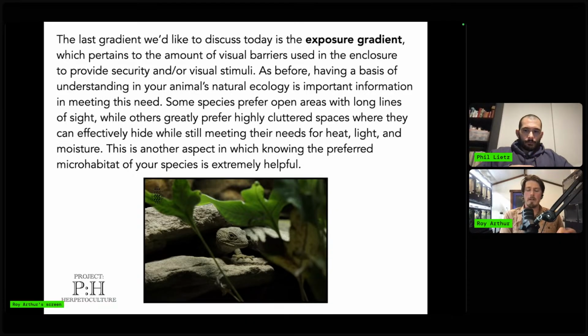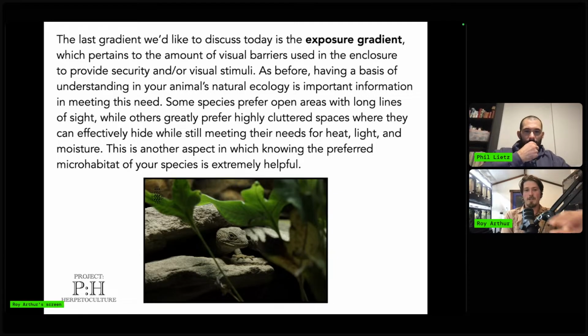So, again, I've got the Xenosaurus photographed here, and this is a species that is super shy, and you would rarely see them out in the open, especially if they're in a high traffic area of your house or your reptile room, if you didn't provide some kind of visual clutter in their environment to help them feel a bit more secure. And I love this photograph in particular because it illustrates that this lizard is actually pretty exposed for what this species prefers, which is usually to be fully wedged into a crevice.